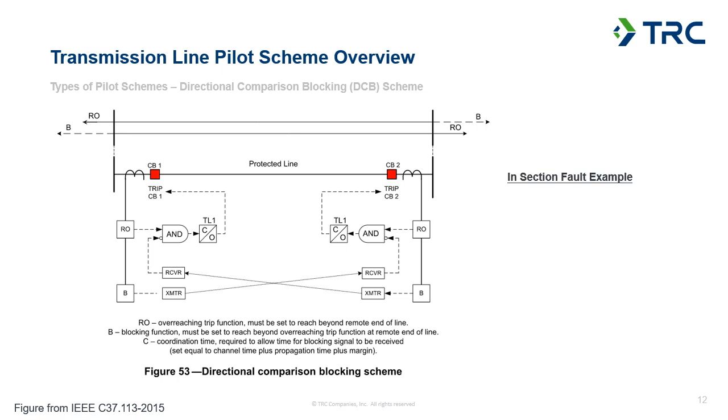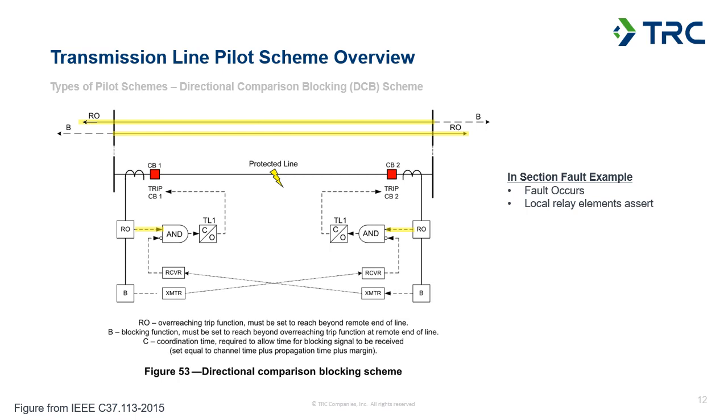So we'll jump right into an in-section fault example here. We start out and we have a fault occurring on the protected line, similar to the analysis we did on the last example. First thing we'll see is that the local relay elements will assert to say that they have detected a fault within that forward overreaching zone.